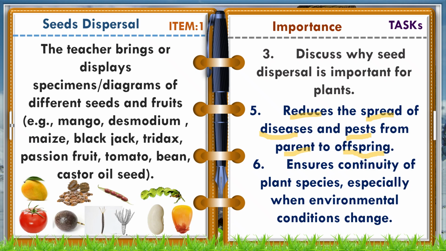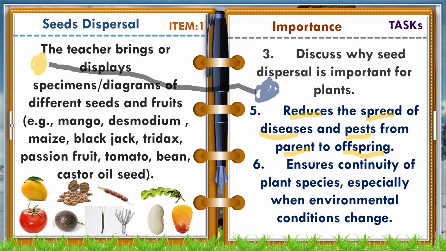So when they are taken from one place and carried to another place, if the parent is here and they are taken to a new place, now in this new place there may be no pests, there may be no diseases. Therefore that is going to reduce the spread of diseases and pests to this new organism in a new area.